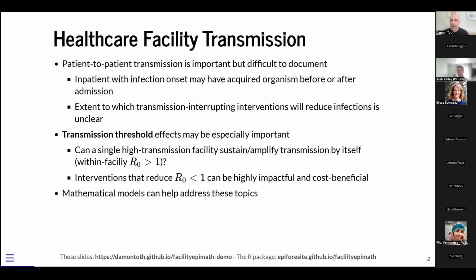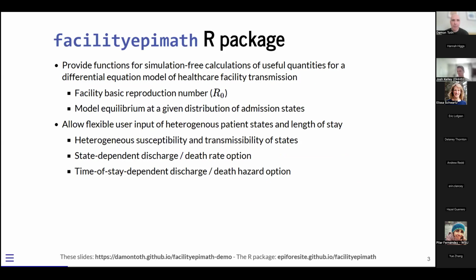If that does happen, then a single facility could sustain or amplify transmission within a community or within a network of facilities by itself. And if that's the case, then an intervention that could reduce R naught below the threshold of 1 could be highly impactful and cost beneficial. And mathematical models can help address these topics. So that's the motivation for why we're doing this.